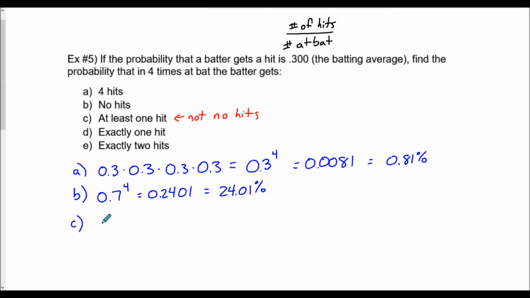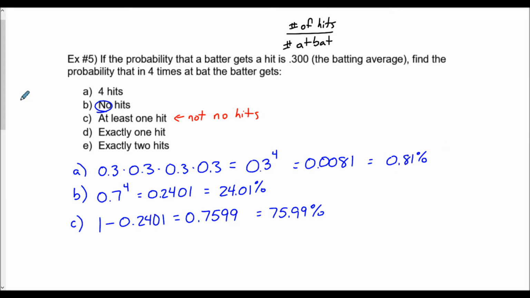So if I took 100% and I subtract off my probability of having no hits, we come down to this situation where we'd have a 75.99% chance of getting at least one hit. So meaning that you could have 1 hit, 2 hits, 3 hits, or 4 hits.